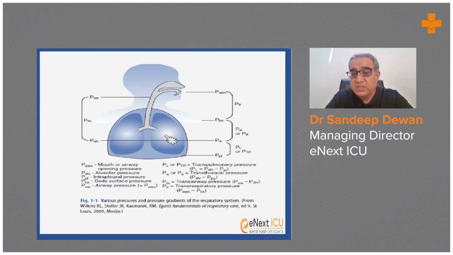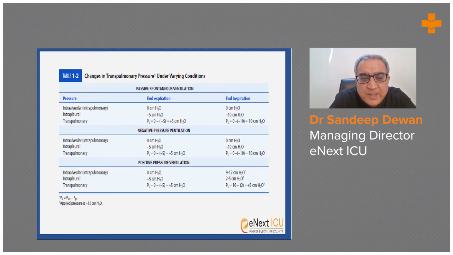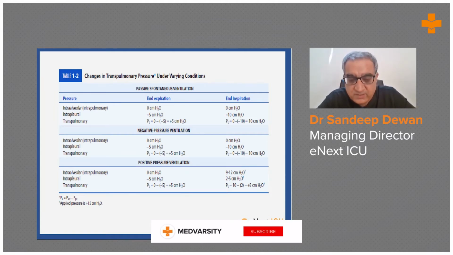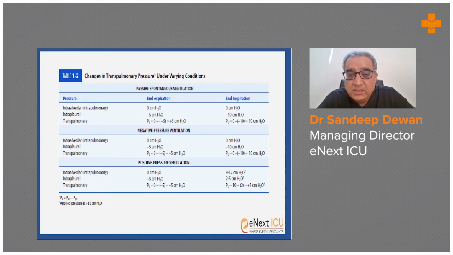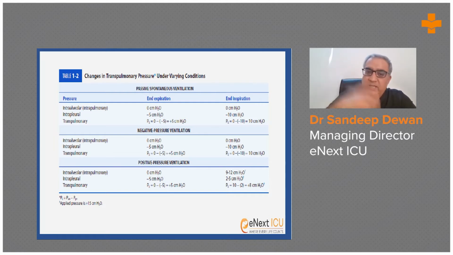These three pressures are the most important pressures that one needs to understand, whether it's normal respiration or a ventilated patient. If you look at the transpulmonary pressure changes, there is negative pressure ventilation and positive pressure ventilation. When we are breathing in a normal way, the transpulmonary or intrapleural pressure becomes negative, and that is why the air goes in.